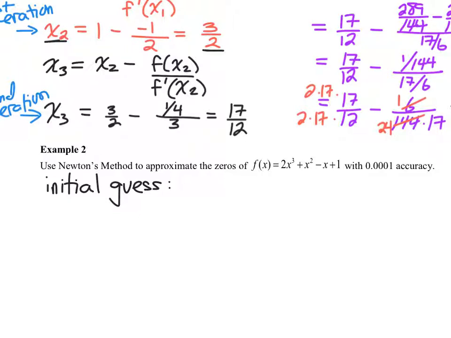You really don't get a sense of that until you get down to the correct answer. So what we do is we look for no change in the 4th decimal place. Once you observe no change from iteration to iteration in the 4th decimal place, then you know that you have the accuracy that you're looking for.